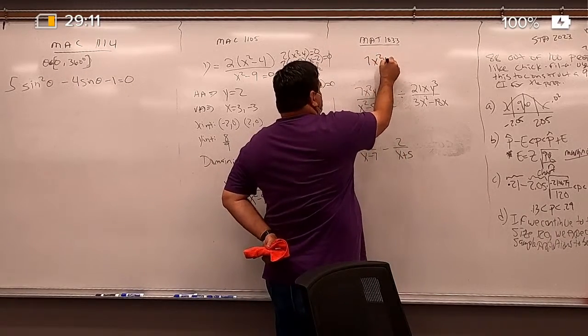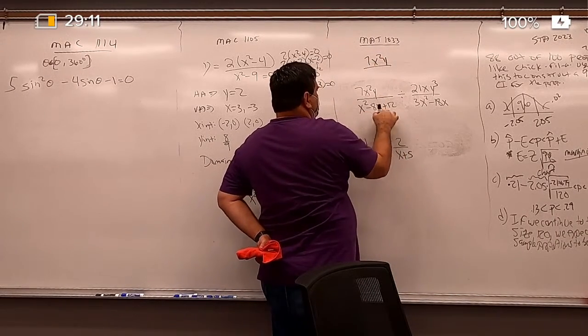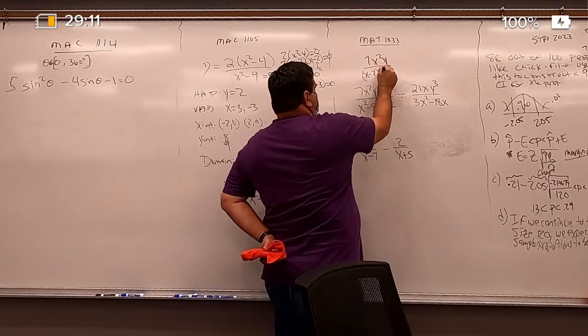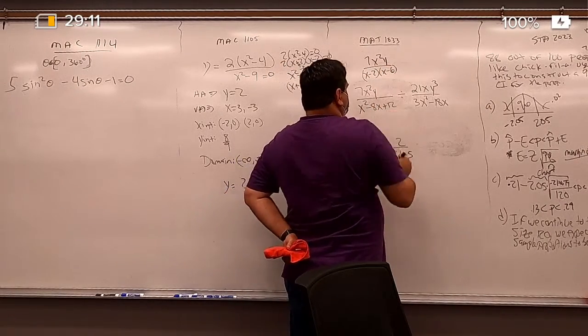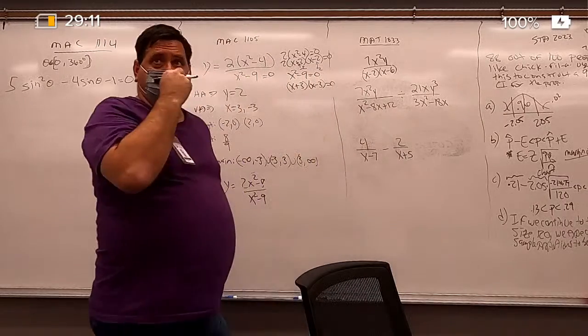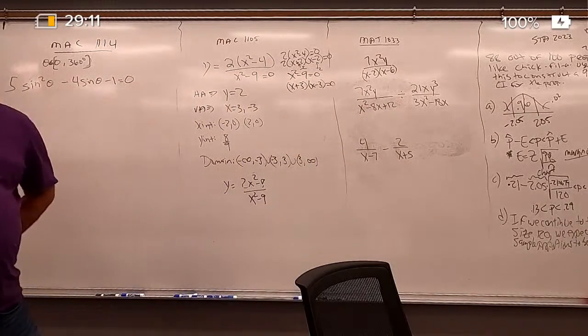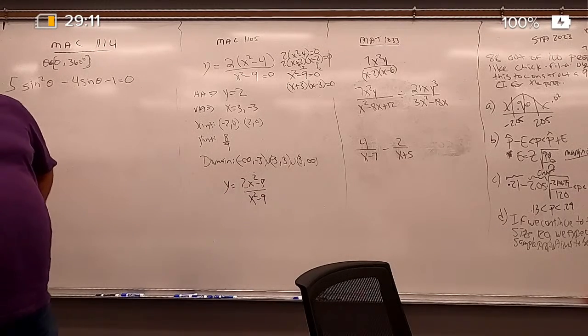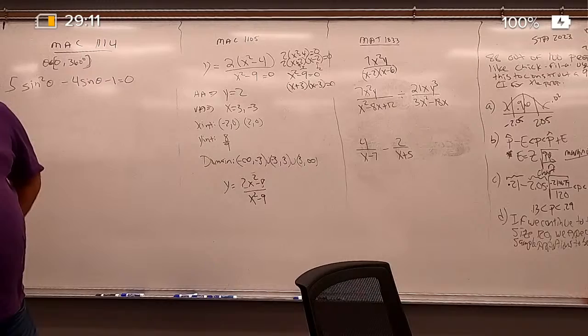7x squared y over x minus 2, x minus 6. Elliot, did you get that far? I didn't do it like that. All right. Well, you've got to keep, change, flip, right, Corey? Keep, change, flip.